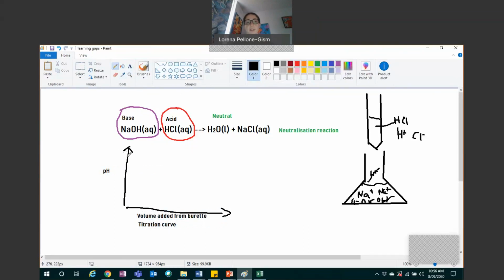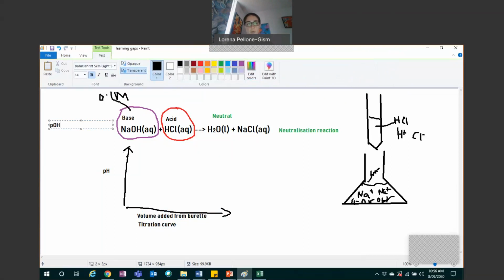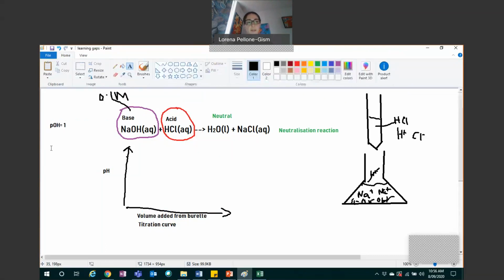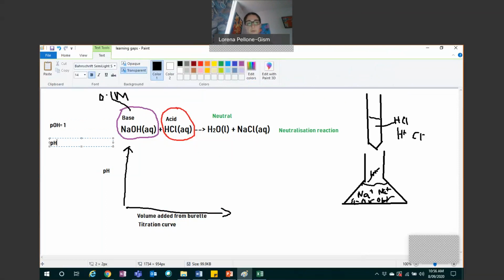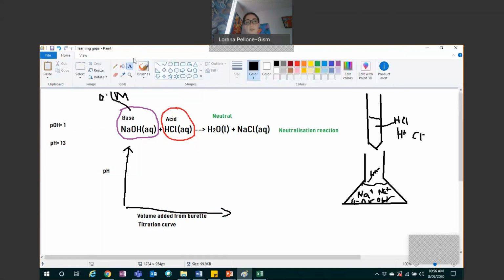Let's say that it's 0.1 molar sodium hydroxide. What that means is the pOH will be negative log 0.1, so the pOH will equal 1, and therefore the pH will equal 13. So it starts off at 13, let's say.